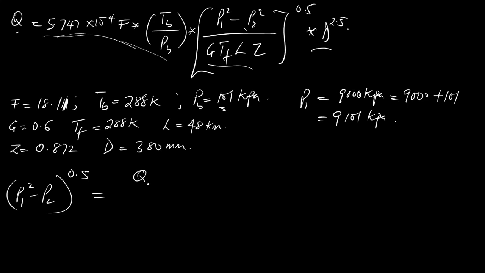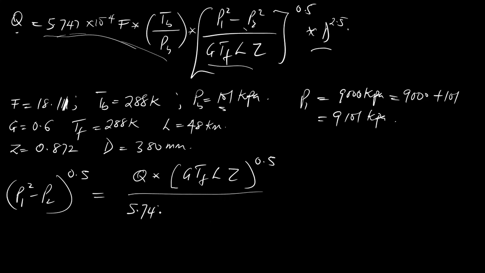So we have Q times bracket open G times T times L times Z all raised to power 0.5. Now this one, which is multiplying this expression, will be dividing this. So divide by 5.747 times 10 raised to power minus 4 F.